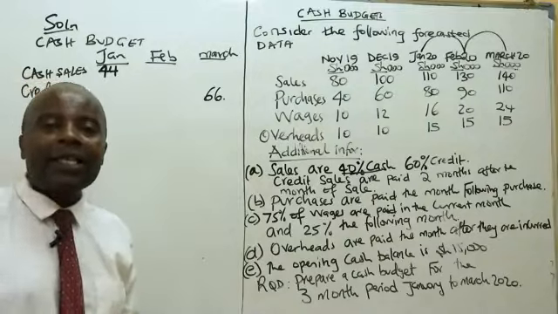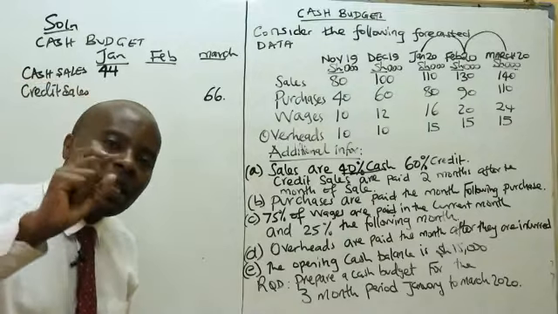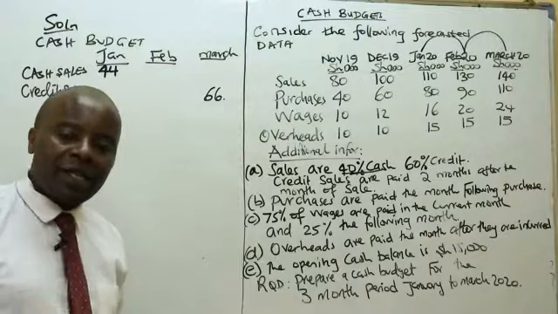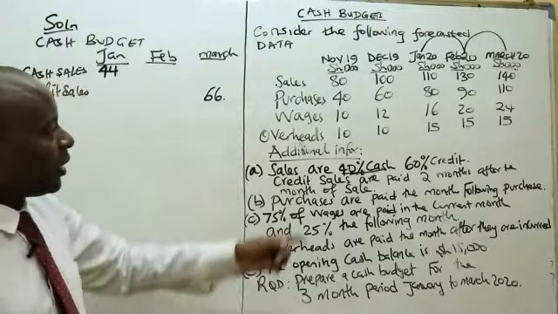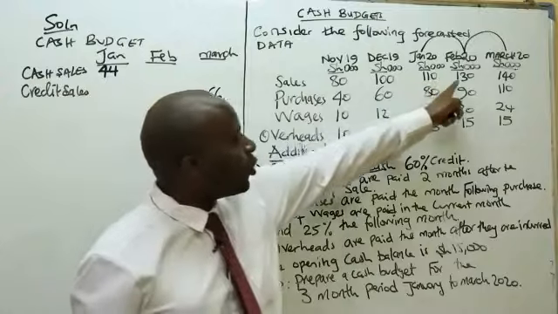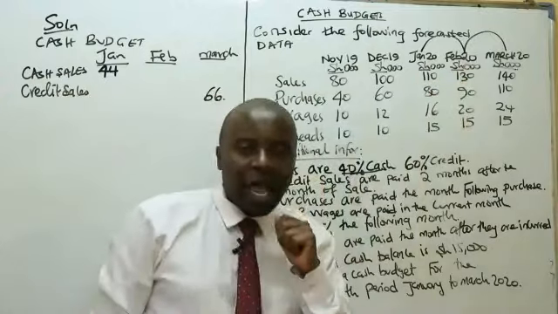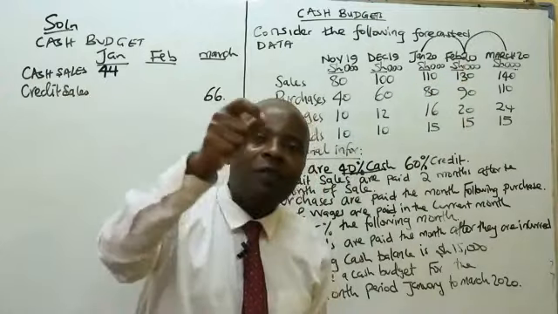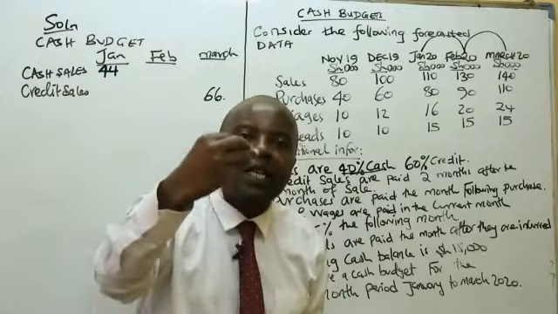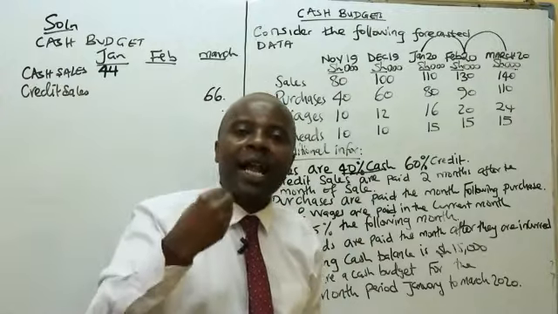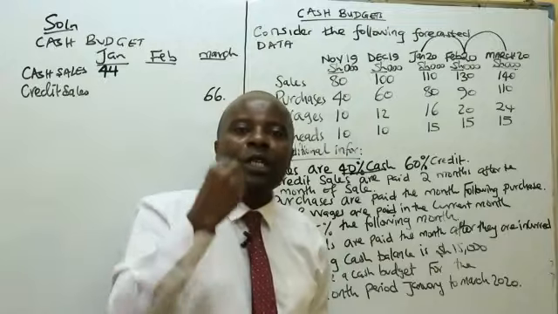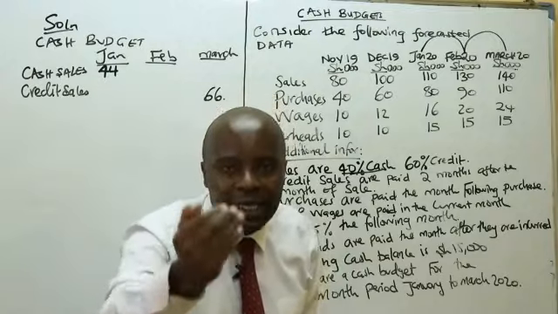Let us now analyze the sales of February. The sales of February was 130. Out of the 130, 40% will be received immediately because it's a cash sale. So what is 40% of 130?